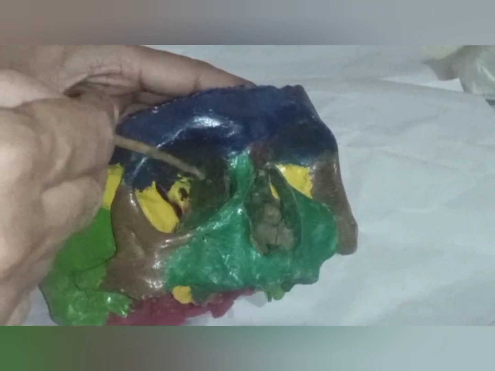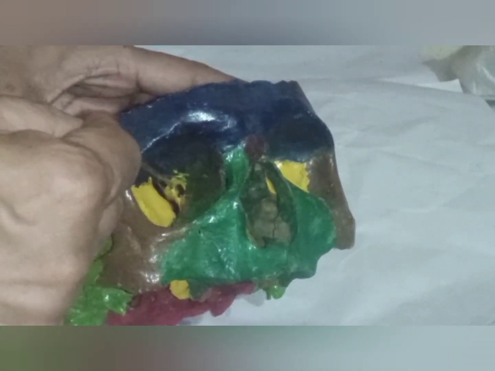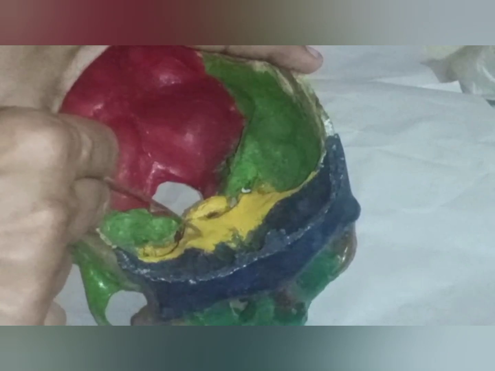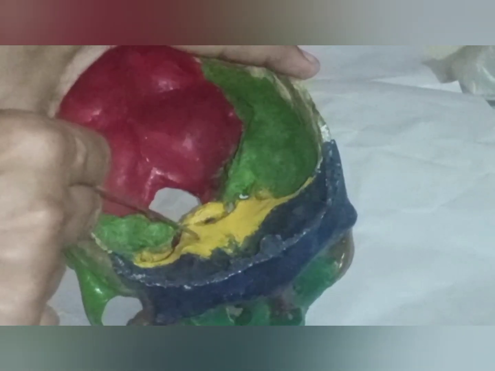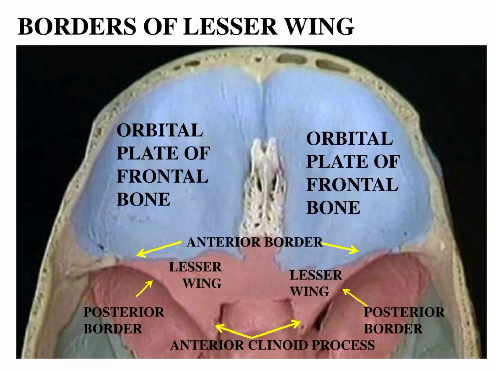Lesser wing has two surfaces: an inferior surface which forms the roof of the orbital cavity, and a superior surface which forms part of anterior cranial fossa. Inferior surface gives attachment to levator palpebrae superioris. Lesser wing has two borders.